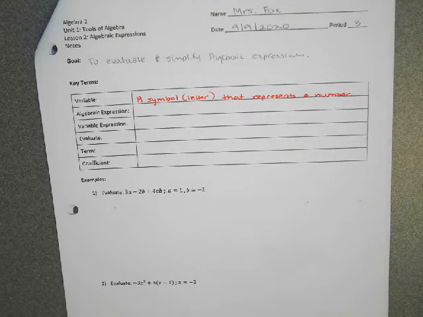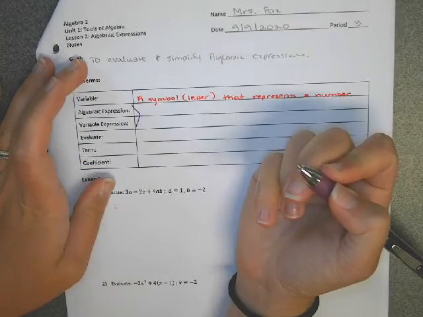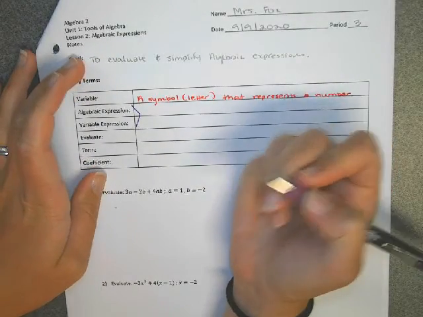Okay. An algebraic expression and a variable expression, these are the same thing, so we'll group those together. It's just an expression that contains variables.